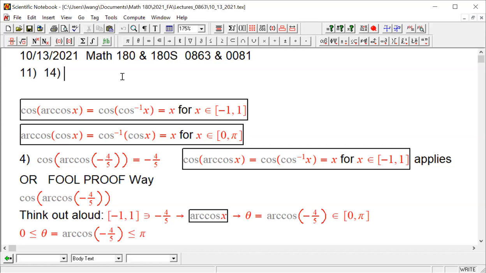Number 20, 22, 24, 26. Is that too many?